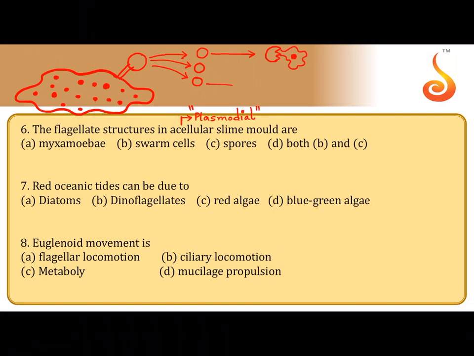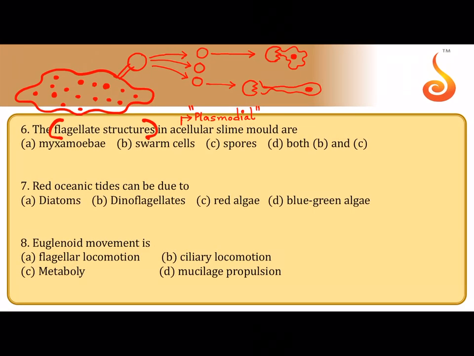And some of these spores, when they germinate, produce these elongated cells which have flagella at their ends. Now mostly the flagellate structures they are asking about here, isn't it? So I told you the cells which are amoeboid. Now I'm highlighting this here. Some of the spores produce cells which are amoeboid.